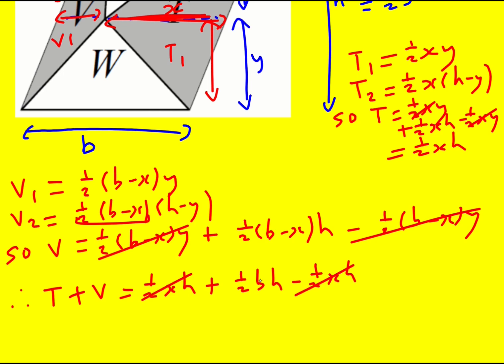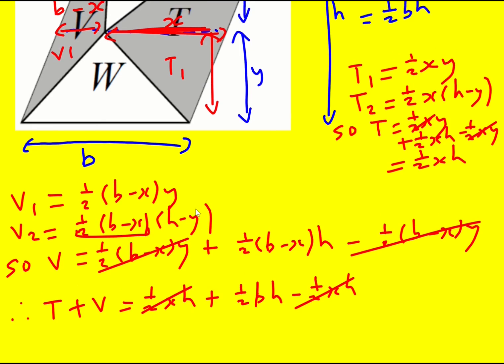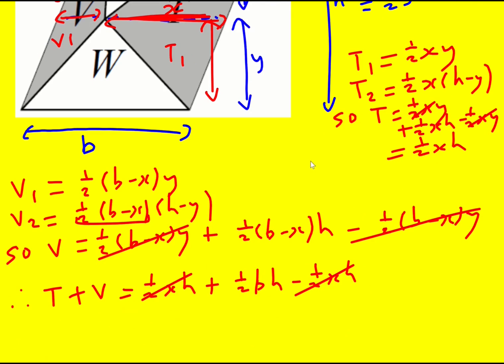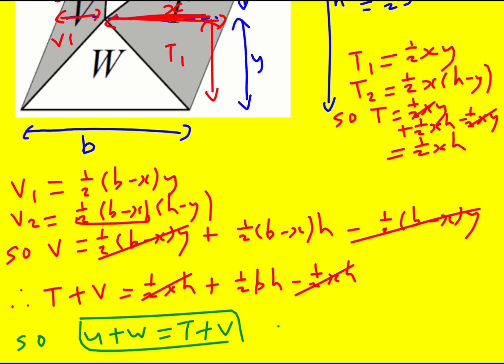These cancel, and I've managed to get the area of T and V, which is exactly the same as U plus W. So U plus W equals T plus V as required. Okay, two different methods, both give some insight into this problem. Quite like both. Well done.